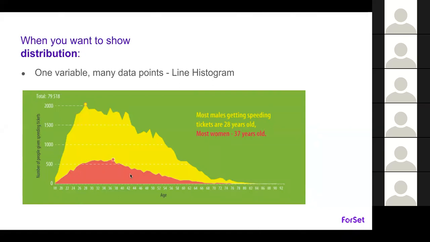But overall, it doesn't really show much because, well, we see that as the age is decreasing, the number of tickets is also decreasing, but that can be explained by the generally decreasing number of people in that age category that are driving, because this is using absolute values and not proportion of all the drivers.